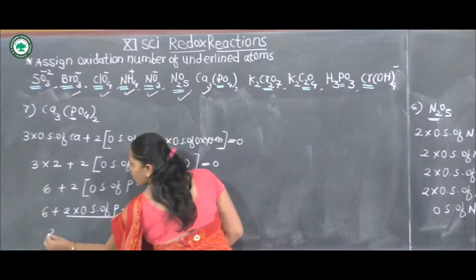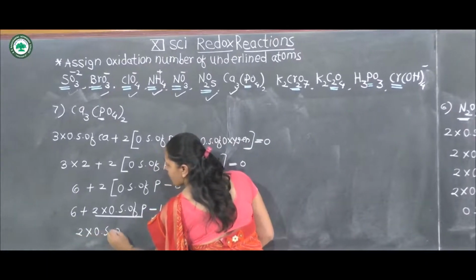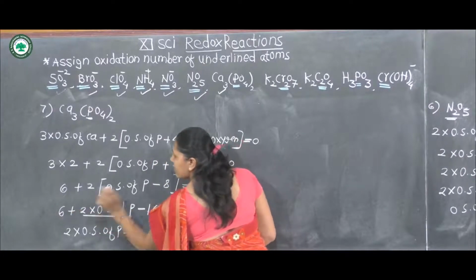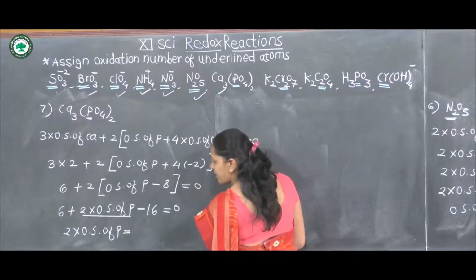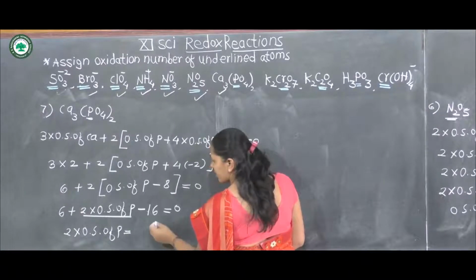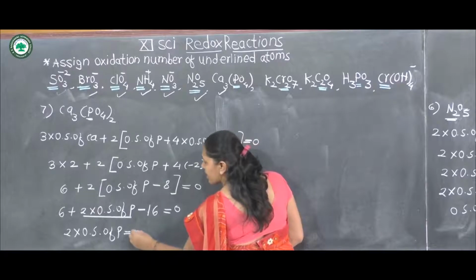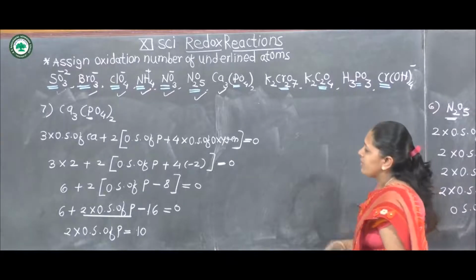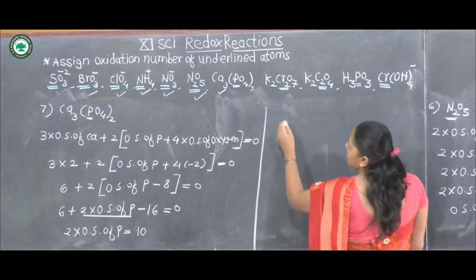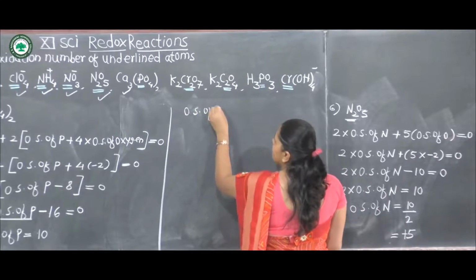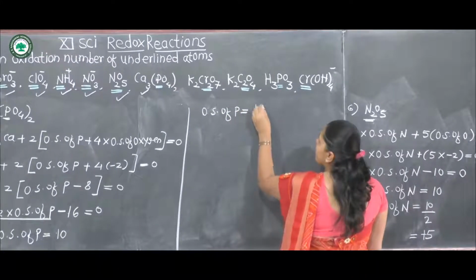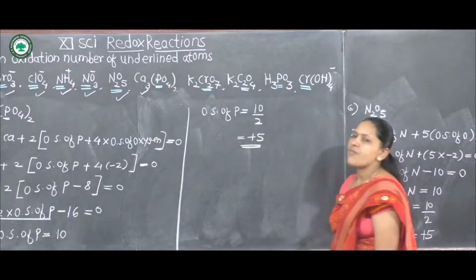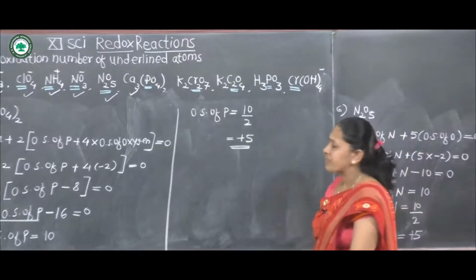Therefore 2 into oxidation state of phosphorus is equal to minus 16 plus 6, which is minus 10, and taking it to the opposite side, minus 10 becomes plus 10. Therefore, oxidation state of phosphorus is equal to 10 divided by 2, that is plus 5. This is the oxidation state of phosphorus in calcium phosphate, plus 5.